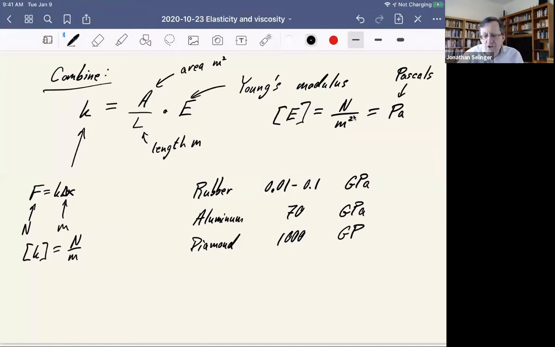So this is some indication of how easy or difficult it is to stretch a sample of rubber or aluminum or diamond.